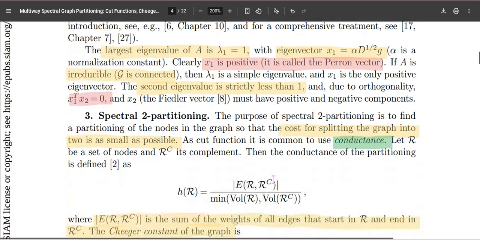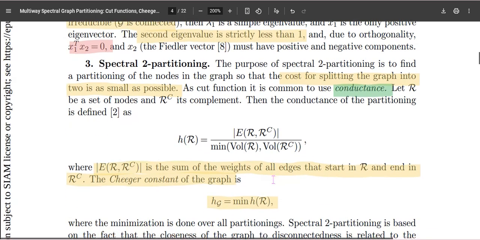So now we come to classical spectral k-partitioning. The idea behind it is to minimize the cost of splitting the graph into two as much as possible. The cut function, or the cost function to be minimized, is defined as the conductance, and the equation is defined here.